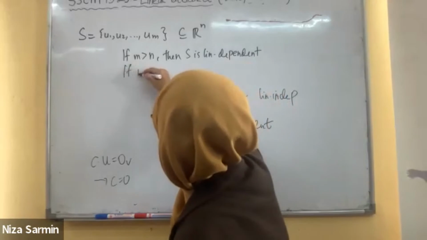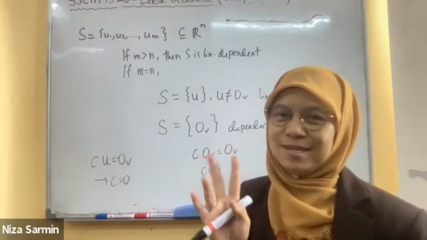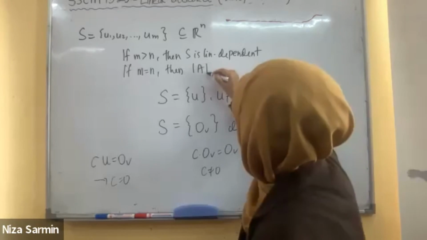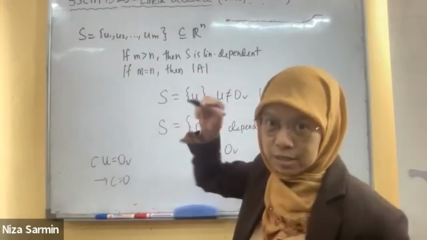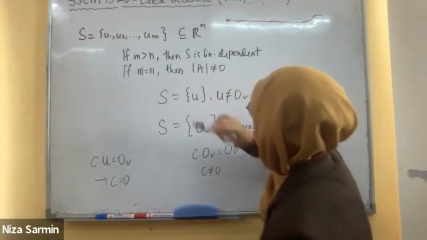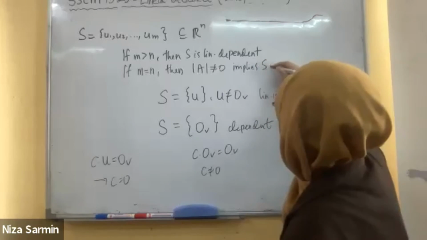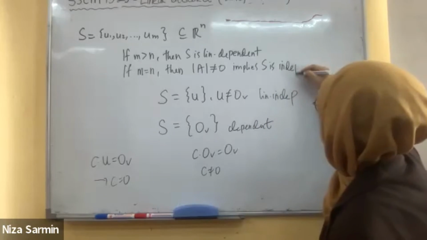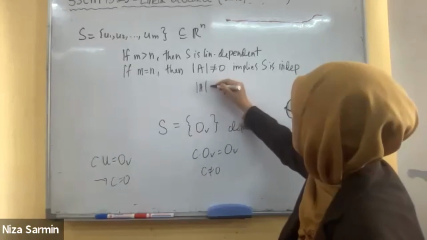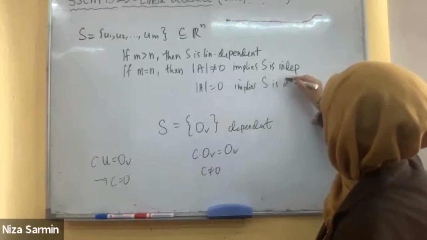If m is n, the same number, yeah, then this is the coefficient matrix, after we put into matrix, the determinant is not 0, implies S is independent. This is 0, implies S is dependent.